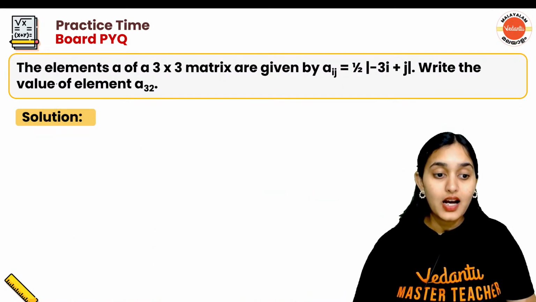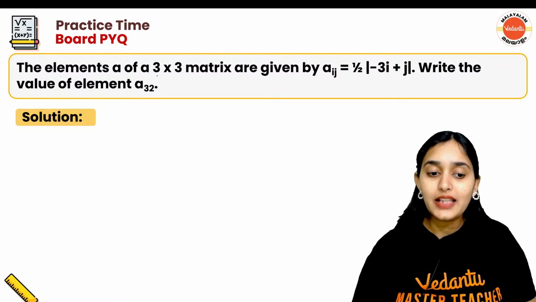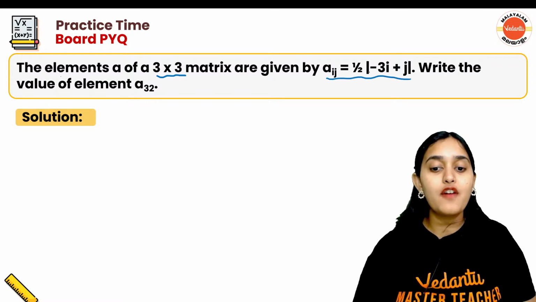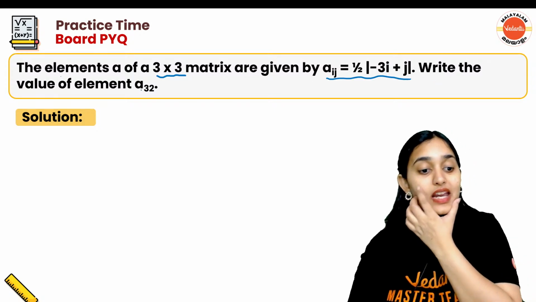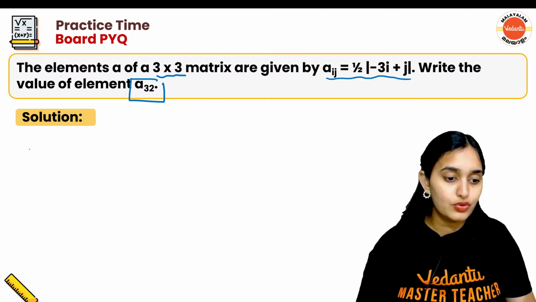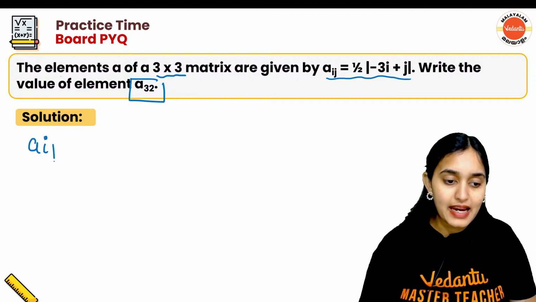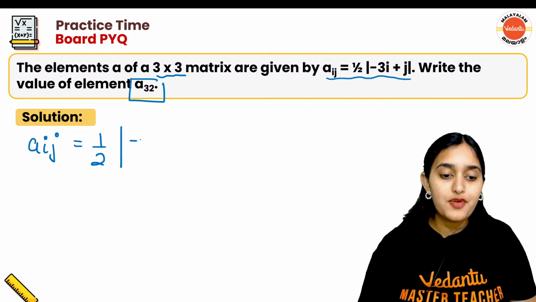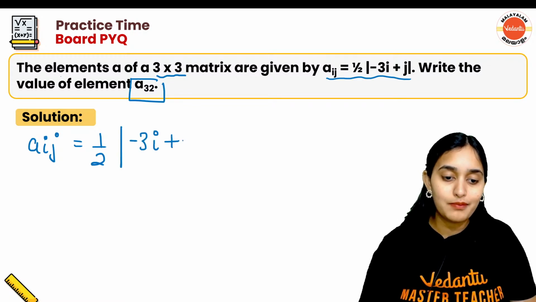Next question. The elements of a 3 by 3 matrix are given by Aij equals half of modulus of -3i plus j. Write the value of the element A32. Simple. Aij is half of the mod value of -3i plus j.